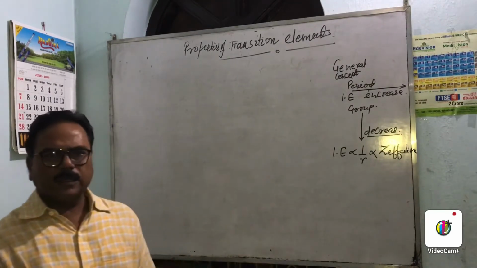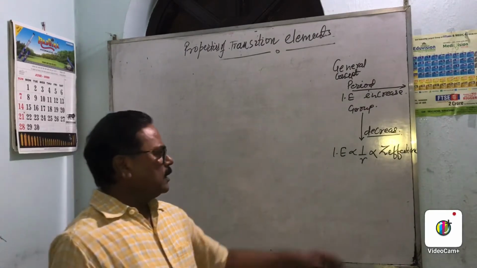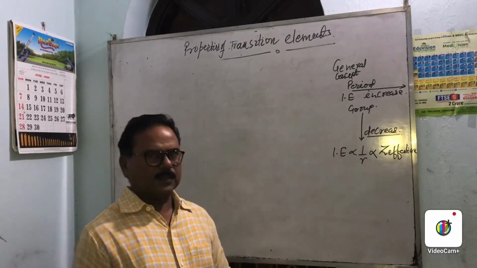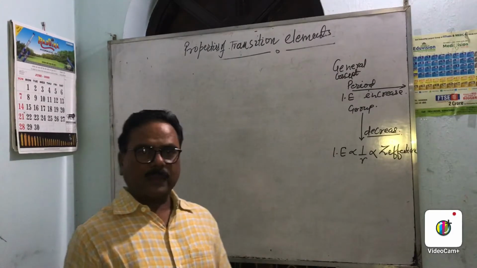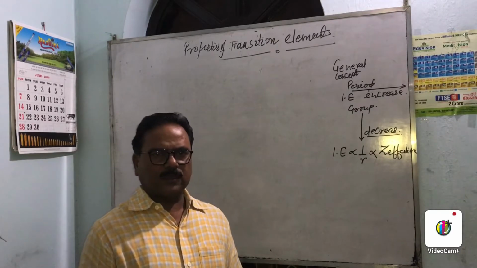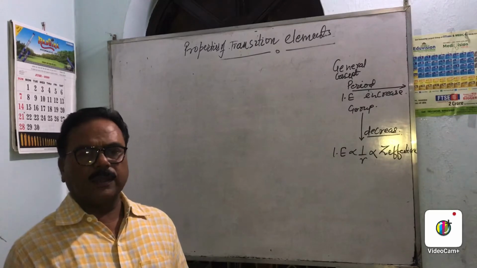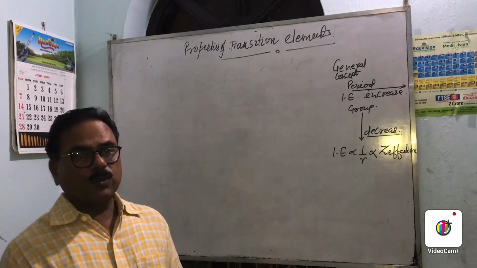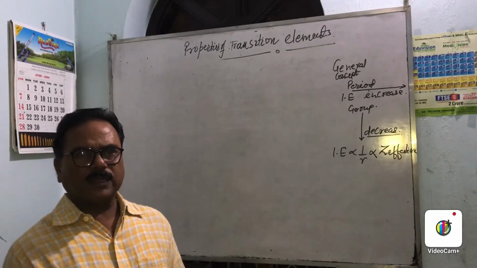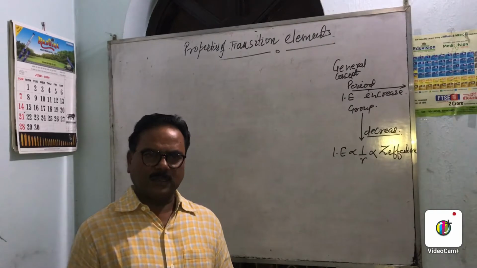Ionization energy is related to the radius. If the radius increases, ionization energy decreases. And if the effective nuclear charge increases, the force of attraction between the valence electron and the nucleus increases, so more energy is needed to remove the outermost electron, and its ionization energy also increases.